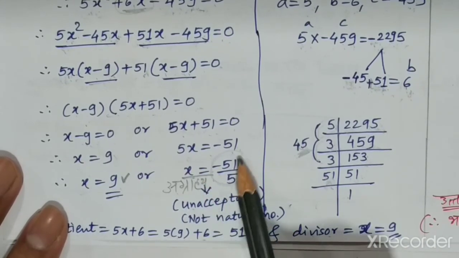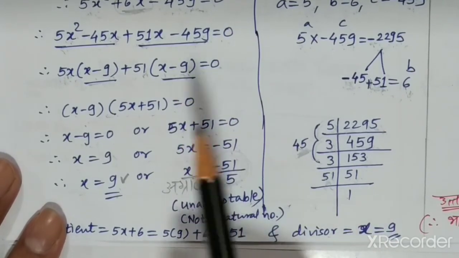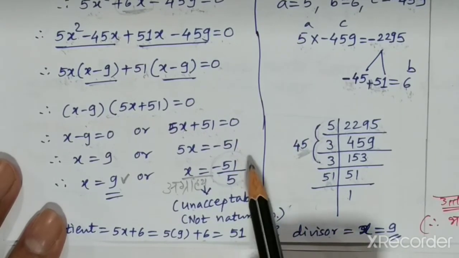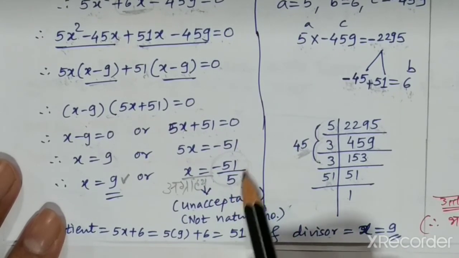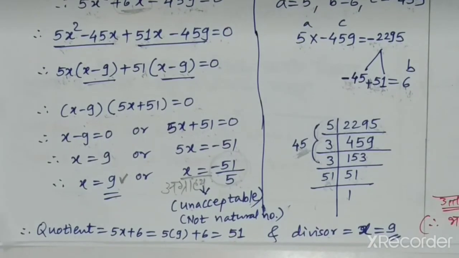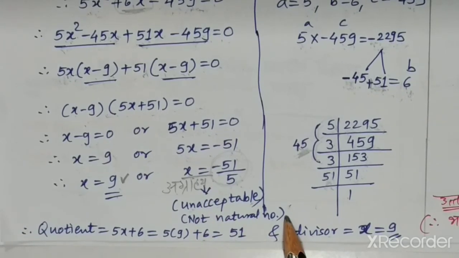We get the value of x negative here, and we know that in the example the natural number is given. So this is not natural, so this is a fraction as well as negative also. A natural number is not negative and not a fraction. So this is unacceptable, because this is not a natural number.